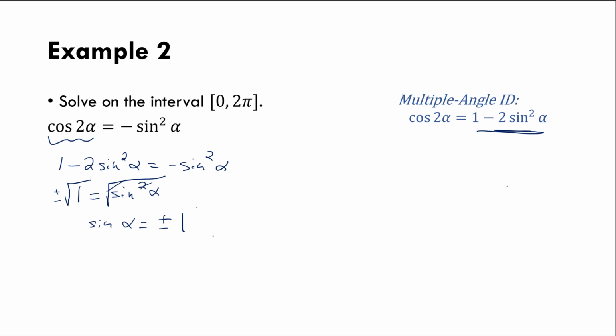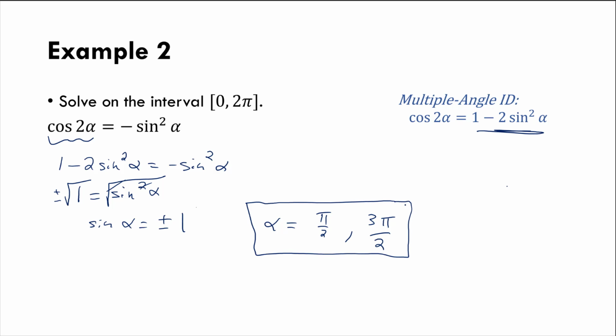Okay, so when we do that, where do I have a sine of plus or minus 1 on my unit circle on the interval 0 to 2 pi? Well, I know I have that at alpha is equal to pi over 2 and 3 pi over 2. Okay, so that would be my solution for this example.